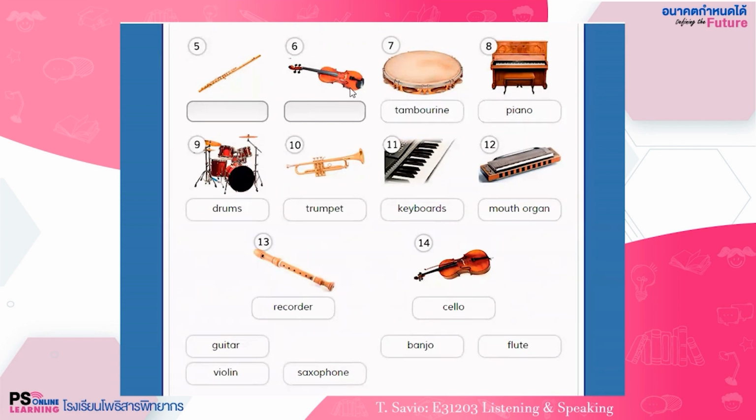Number 6 will be the violin. You can make out this is the chin rest, so it has to be the violin. The cello looks similar, but it does not have a chin rest. It does have a stand, so it can be held upright.